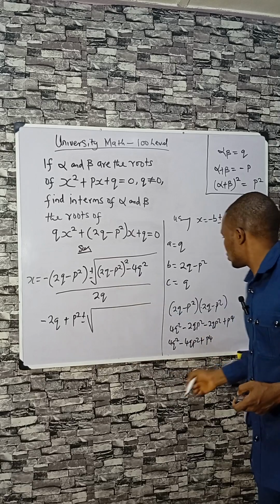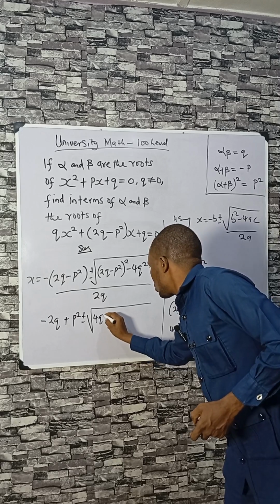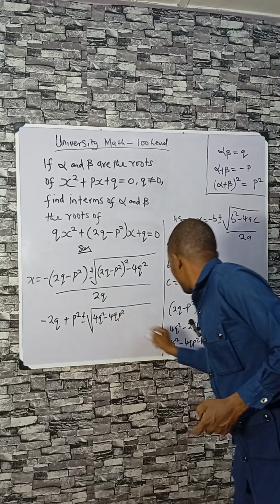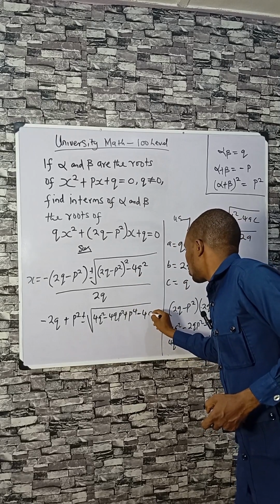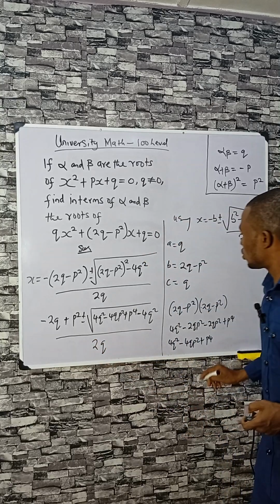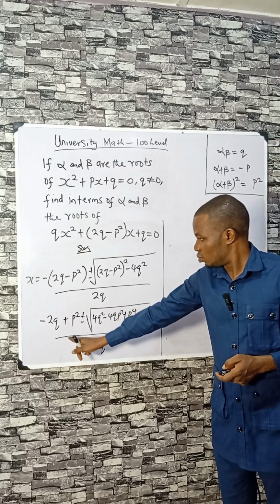So I take this here: 4q squared minus 4qp squared plus p raised to power 4, then minus 4q squared, all divided by 2q. If you check closely, this and this will go. We can rewrite this equation here.